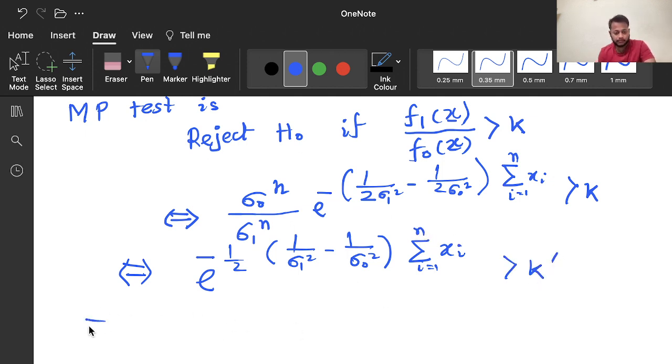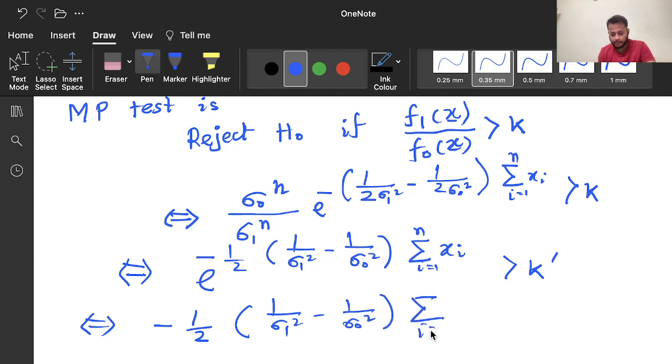Now take log, you will get minus half, sigma 1 square minus sigma 0 square, i equal to 1 to n, xi.